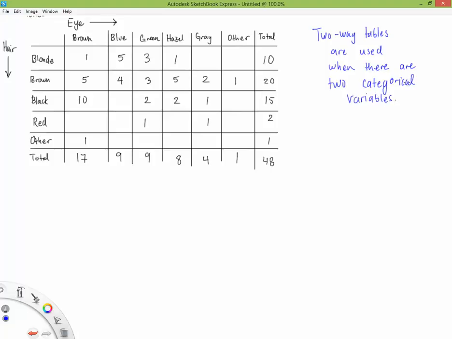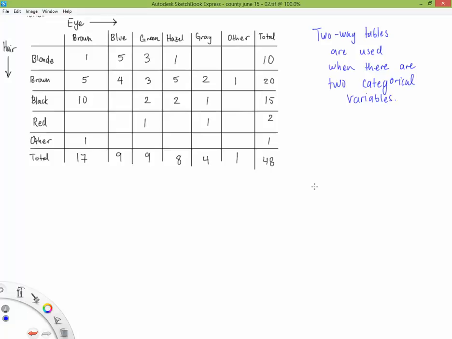Okay? Categorical meaning when we ask each person, the answer that they give us is a category, not a number, right? When we ask, what is your eye color? They don't say 7. They say it's blue, okay?